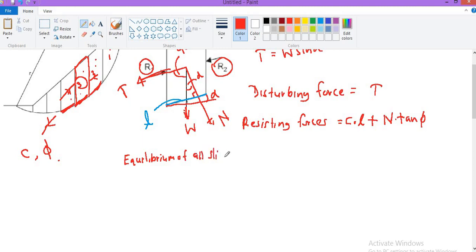Let's say we have n number of slices, 1 to n.